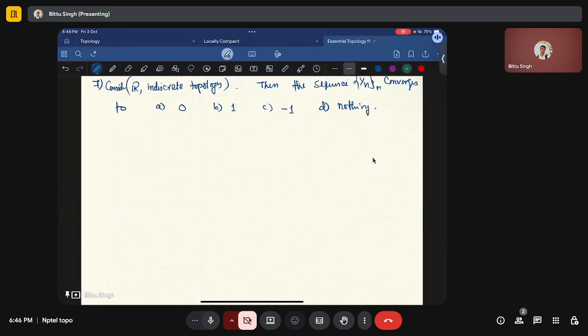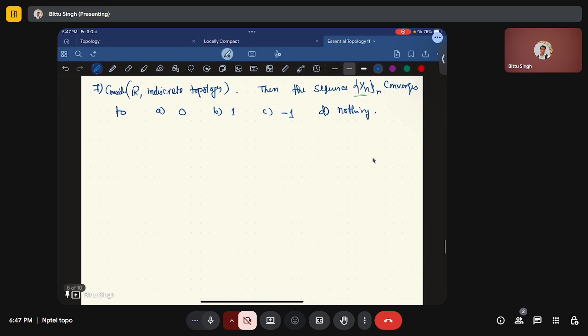In this problem, we are considering a sequence 1 by n, where n belongs to natural numbers. So the question is, does this sequence converge to 0, 1, minus 1, or nothing? In real numbers, we have already seen that 1 by n converges to 0.